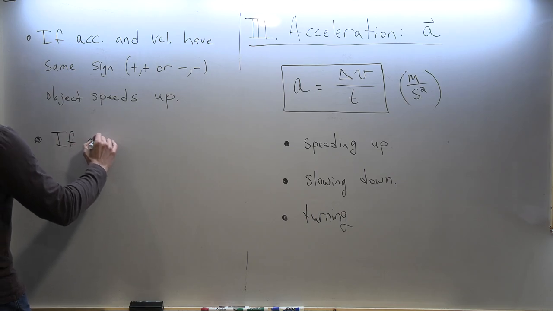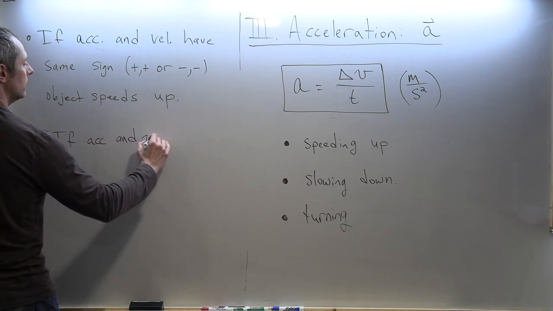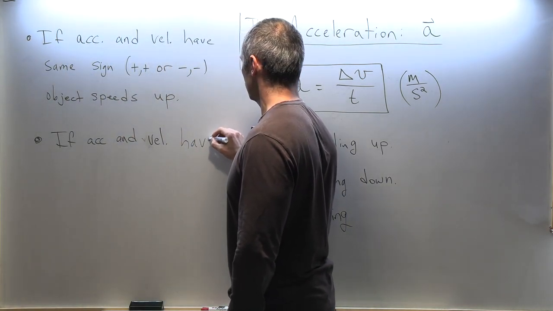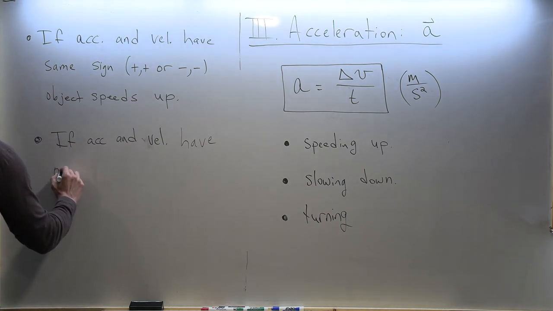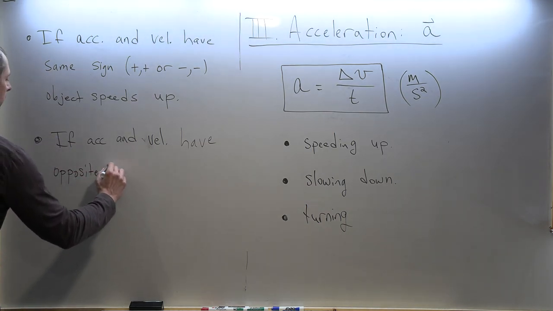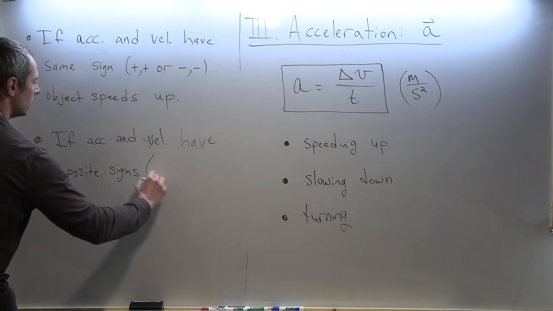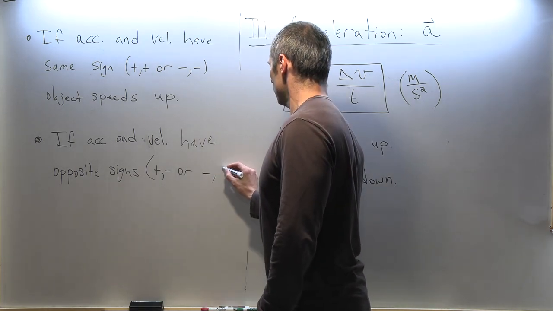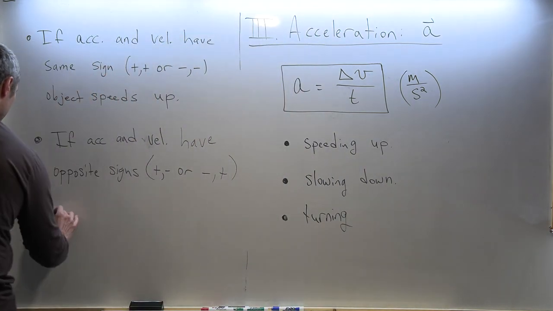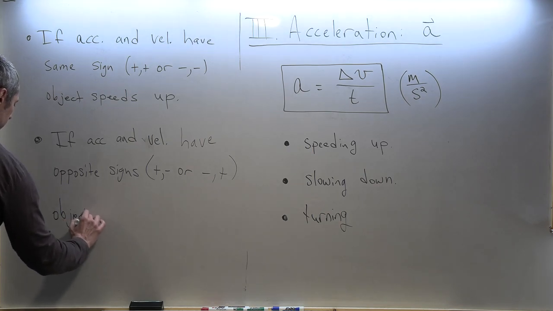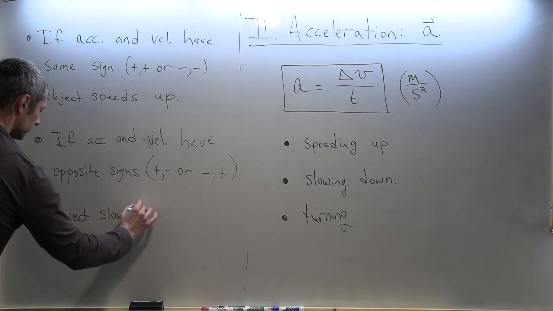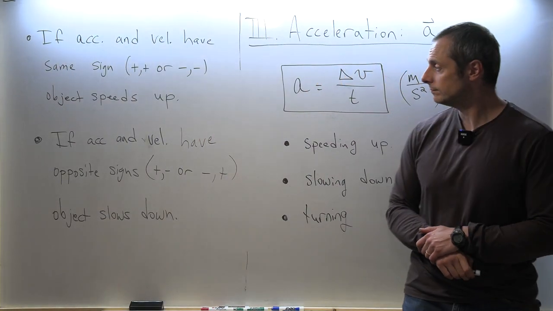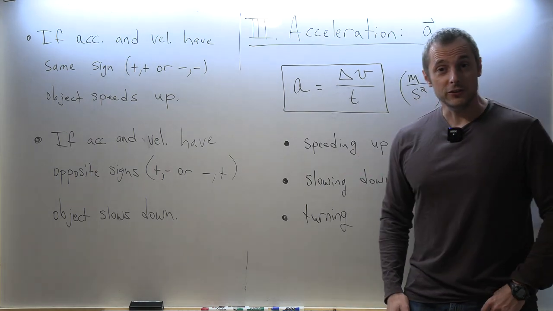If the acceleration and velocity have opposite signs, then the object slows down. I'll pause the video, give you a chance to jot this down.